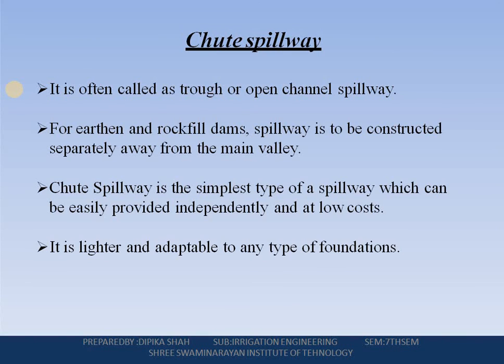So a chute is sometimes of a constant width but usually narrowed for economy. So this spillway is the simplest type of spillway which can be easily provided independently or at a low cost. So it is lighter and adaptable for any type of foundation. हमें इसके लिए कोई हार्ड फाउंडेशन या फिर कोई पर्टिकुलर फाउंडेशन की ज़रूरत नहीं होती है.